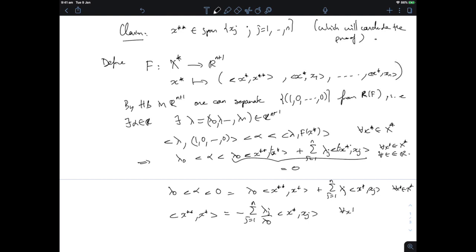That's for every x star in X star. And so this is literally saying what my claim was saying here, that x double star belongs to the span of the evaluations at the xj, and so it can be identified with an element of X, which concludes the proof.